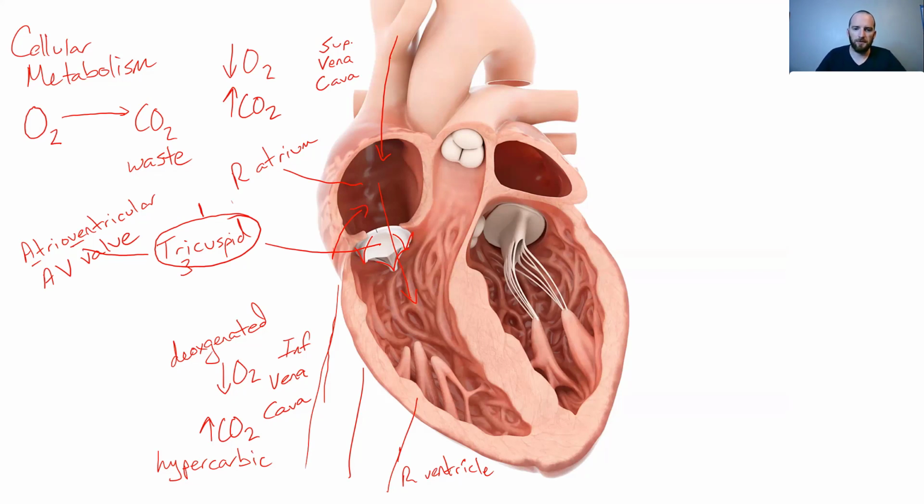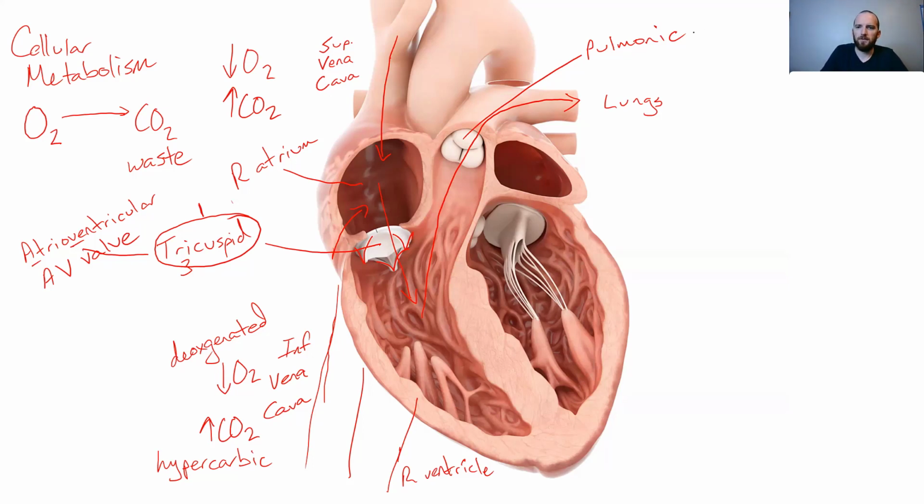And then the right ventricle contracts and sends blood up through another valve. And that valve is your pulmonary valve or pulmonic valve. And guess where that one's going? It's going out to our lungs. Cool.